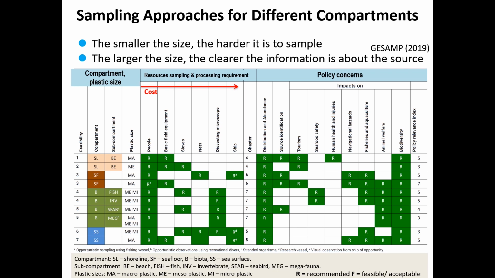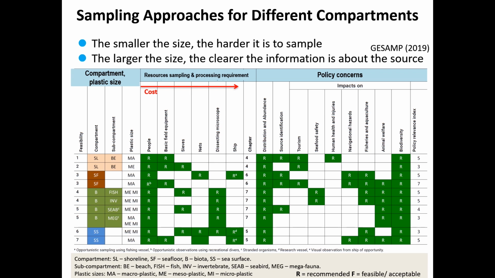SL stands for shoreline, and SF stands for seafloor. BE stands for beach, and V stands for invertebrates. So the lower the feasibility ranking, the easier it is to investigate. R stands for recommended. So the more R's in green, the easier it is to investigate.